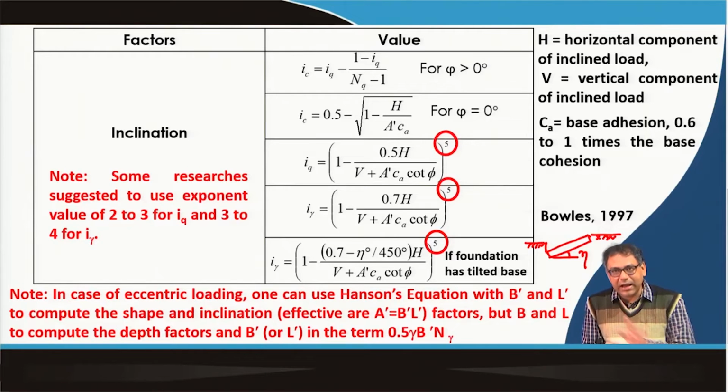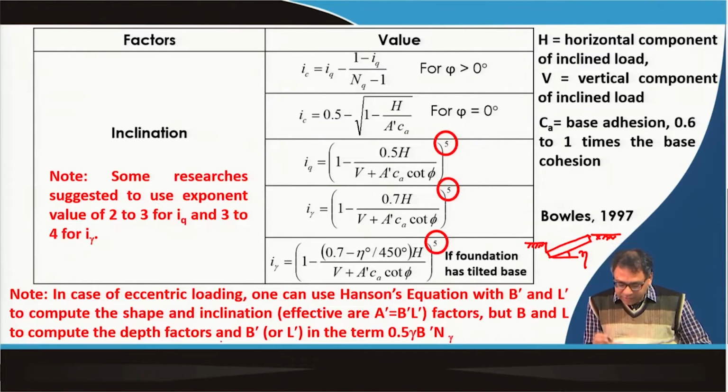But as per Hansen theory, you use B dash and L dash to compute the shape factor and inclination factor, but for depth factor calculation, even for eccentric loading you use B and L, not B dash and L dash. Okay. So, that is mentioned here, because in inclination there is A dash. So, that you can use as B dash, L dash, but B and L to compute the depth factors.